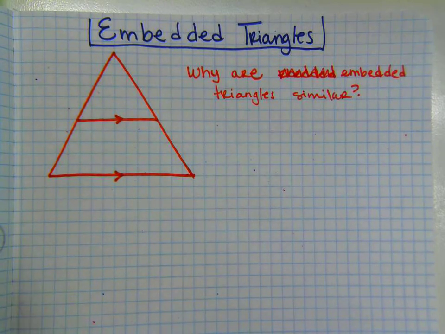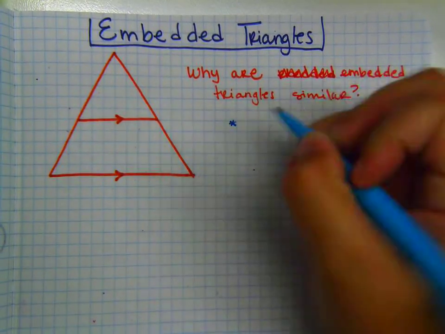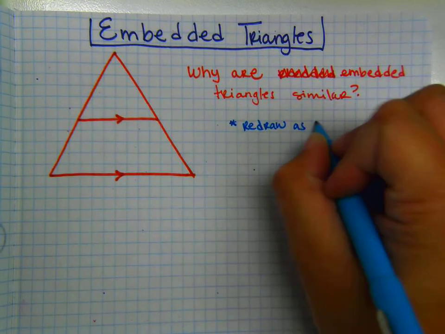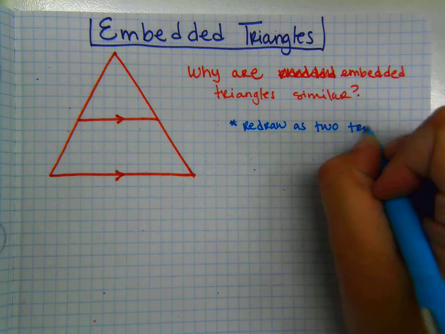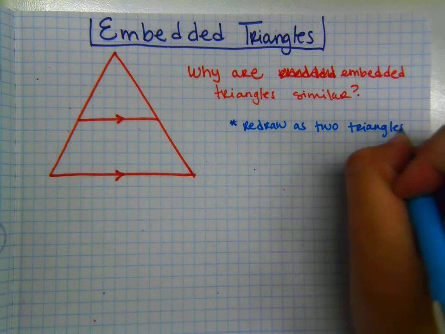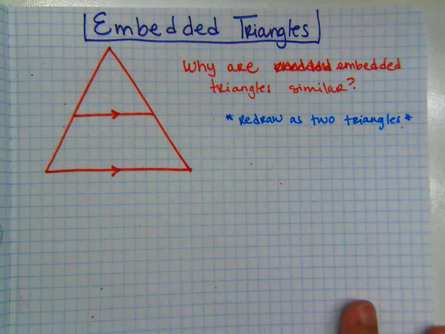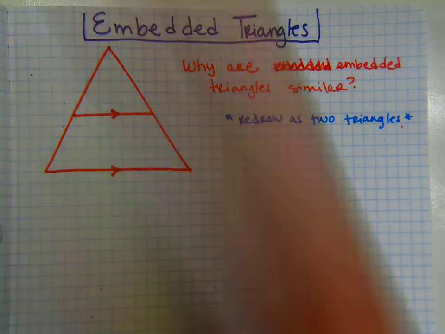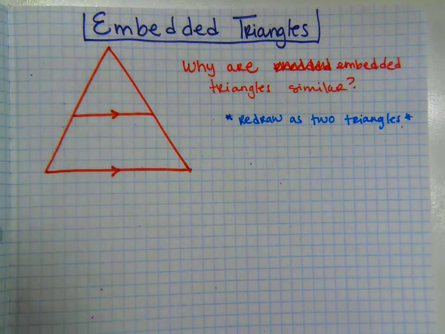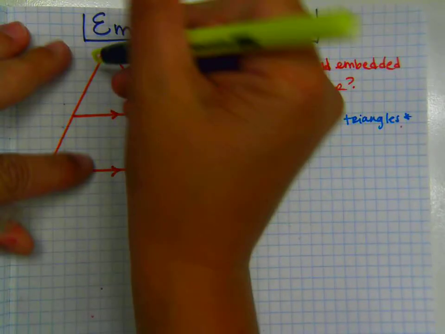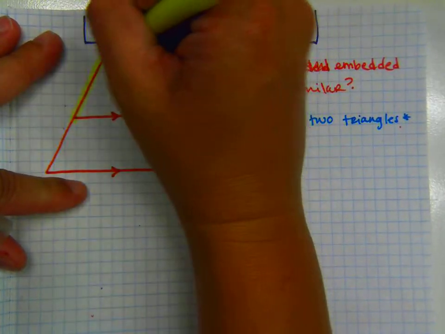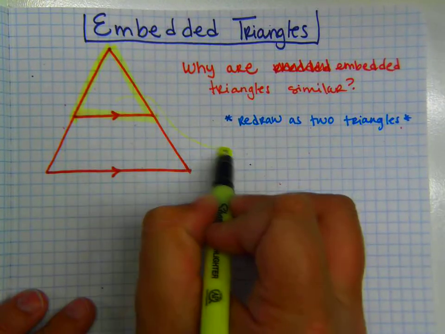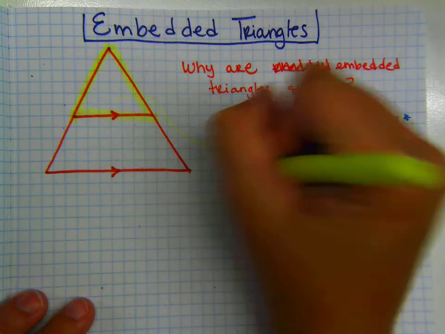So the first thing I always like to do is redraw them as two triangles. So I'm going to take this little triangle and I'm going to highlight it in yellow. So this triangle right here, this little guy, I'm going to redraw it so I have this triangle.